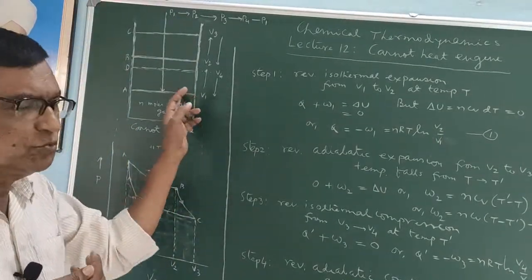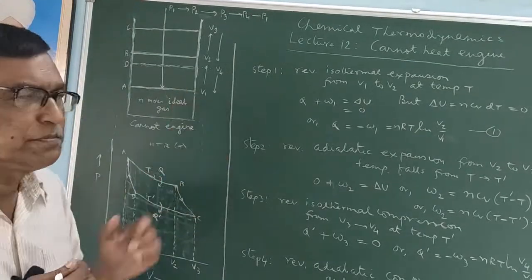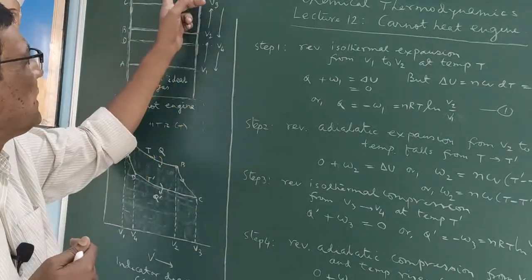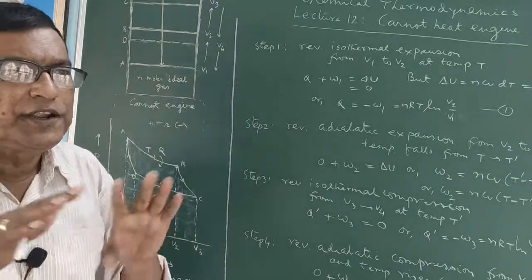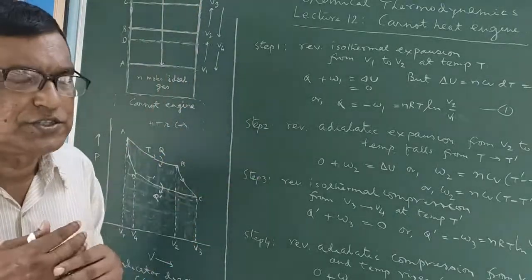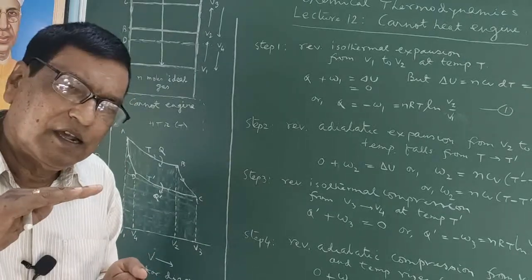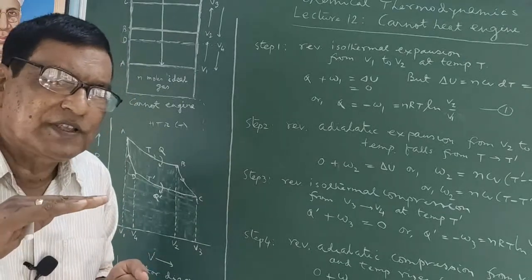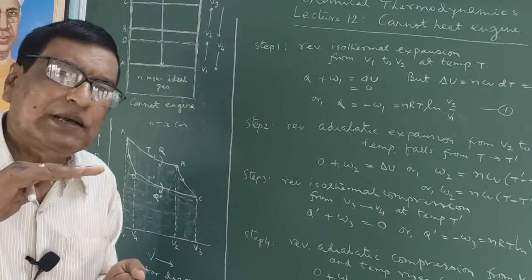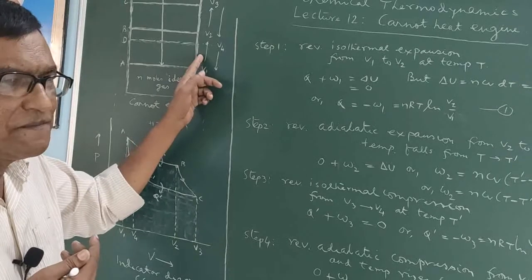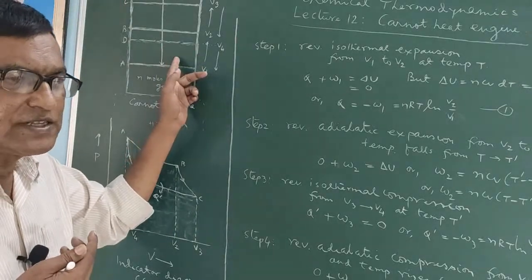Load is withdrawn from this piston. Whenever load is withdrawn, P1 becomes less, volume will increase, this gas expands very slowly, and we call the process reversible. When the expansion occurs, its temperature falls.